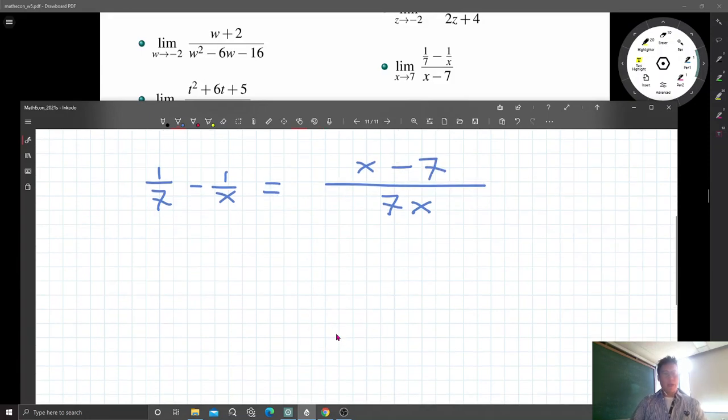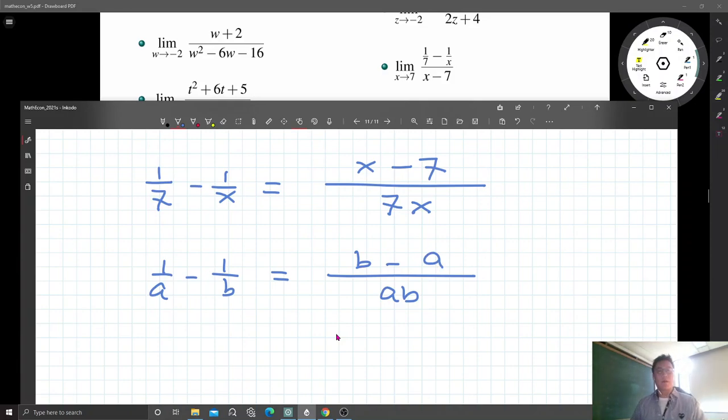In general, if we have 1 over a minus 1 over b, then if we put them together, the common denominator is a times b, and so 1 over a becomes b over a times b, and 1 over b becomes a over a times b. So after finding the common denominator, we can put together these two fractions on the top.